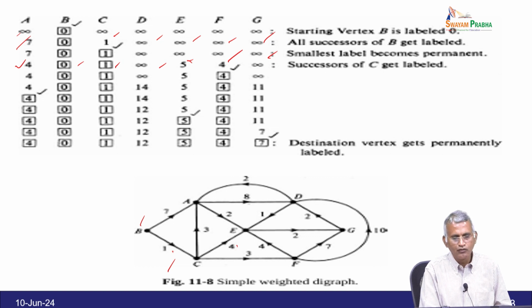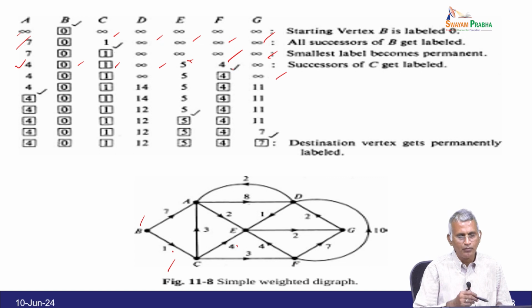Now you take the fourth row, and 1 is the minimum. Then you connect with all of these: 4, 0, 1, infinity, 5, 4, infinity. Among these the next minimum is 4, where there is a tie. Because of the successor we have to follow, you go to F, C to F.